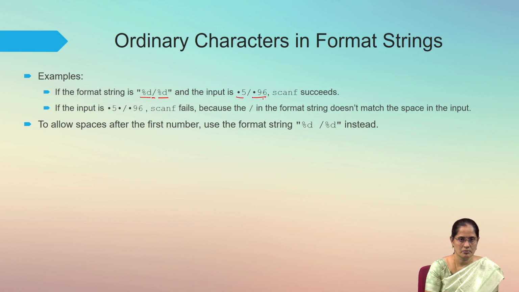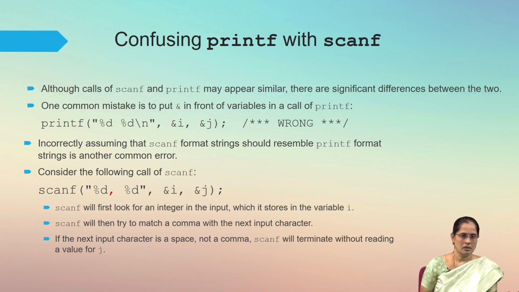If the input is given this way, the scanf succeeds. If the input is 0.5 slash 0.96, it fails because the format string does not match the way it is specified. People often get confused between the printf representation and the scanf representation, and may use the ampersand symbol in the printf statement, similar to the scanf statement.